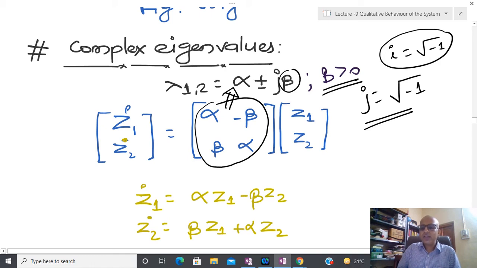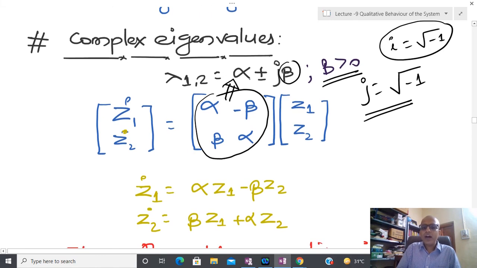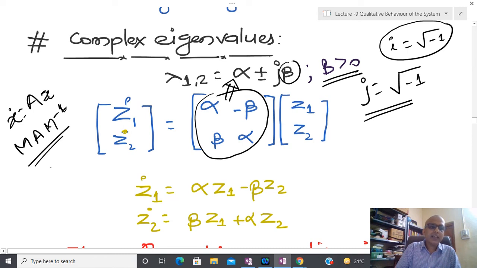Okay, so what we found is that if I have the system x dot equal to Ax, and if the eigenvalues of M inverse A M are complex, then this is equivalent to the matrix with alpha, minus beta, beta, alpha, and here obviously I have the z coordinates after that kind of transformation.